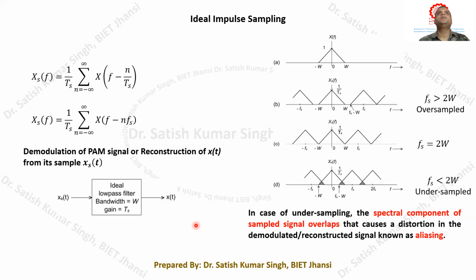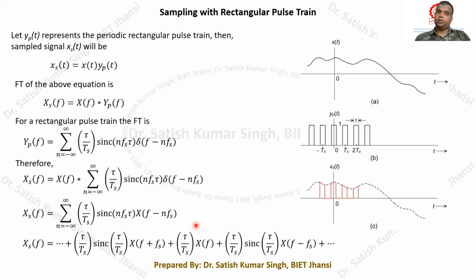Now, as I said, it is not possible practically to generate an ideal impulse train. So what we can have is an impulse or pulse train of finite width. Instead of having an ideal impulse, we can have pulses of finite width.